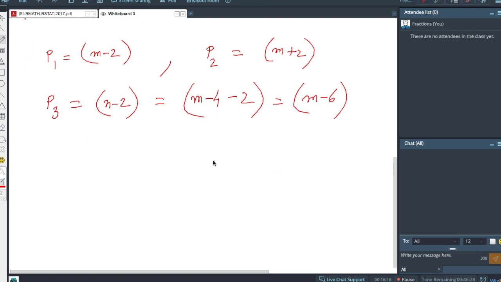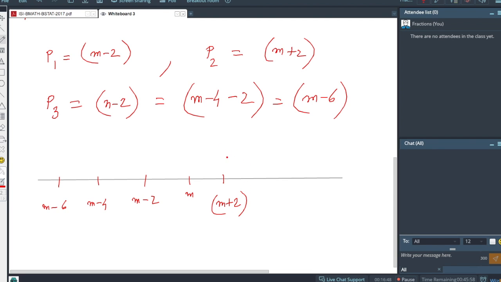Okay. Now let's arrange them on the number line. So suppose we have here m, and so we have here m minus 2, then we have m minus 4, and then m minus 6, and on that side we have m plus 2.